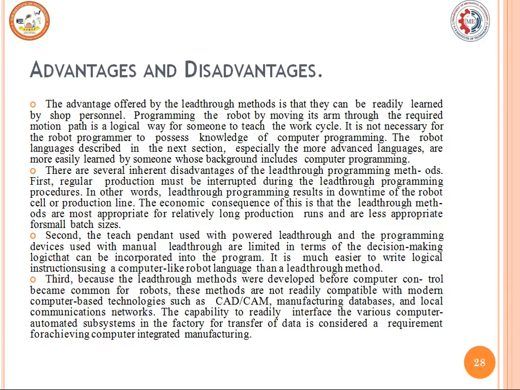This means lead through results in downtime of the robot cell or the production line. The economic consequence is that the lead through method is most appropriate for long production runs and less appropriate for small batch sizes. Second, the teach pendant used with powered lead through and programming devices used with manual lead through are limited in terms of the decision making logic that can be incorporated into the program.